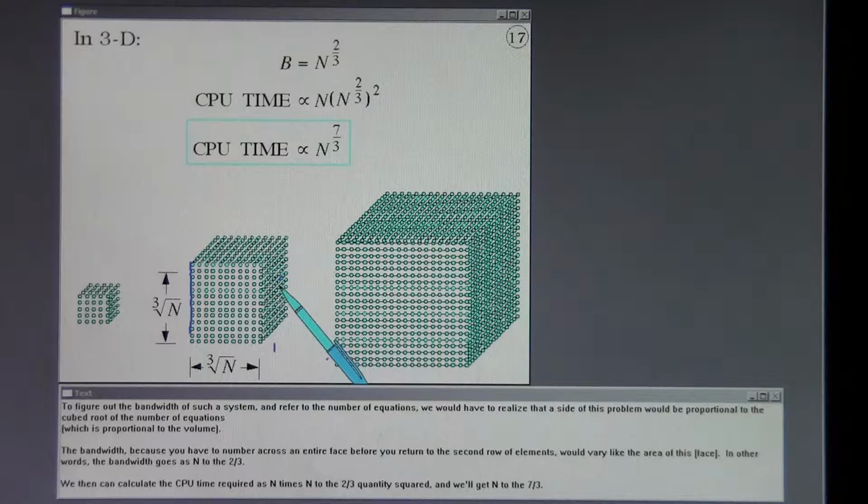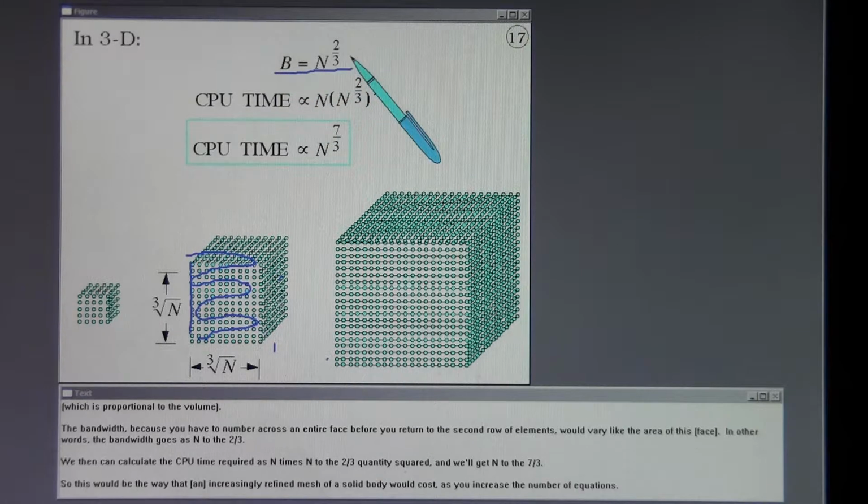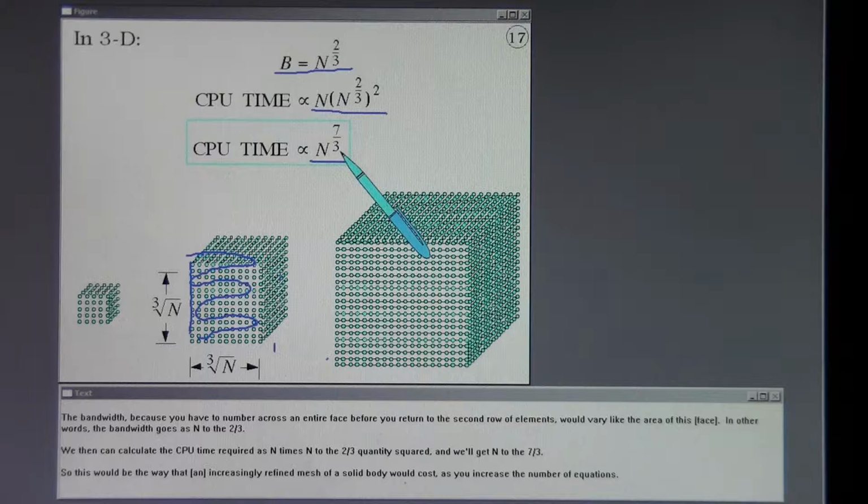The bandwidth, because you have to number across an entire face before you return to the second row of elements, would vary like the area of this element. In other words, the bandwidth goes as n to the 2/3. We then can calculate the CPU time required is n times n to the 2/3 quantity squared, and we'll get n to the 7/3. So this would be the way that an increasingly refined mesh of a solid body would cost as you increase the number of equations.